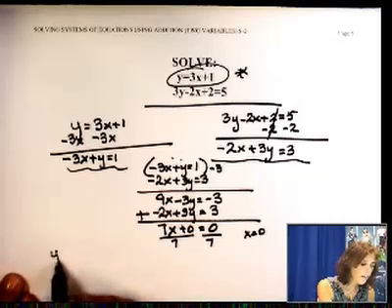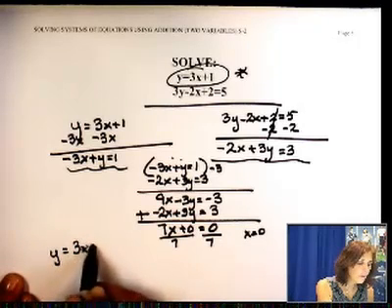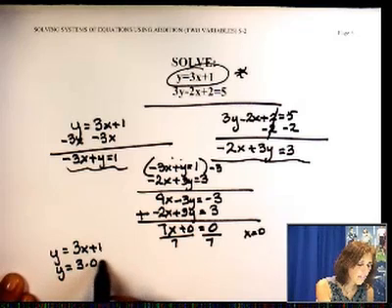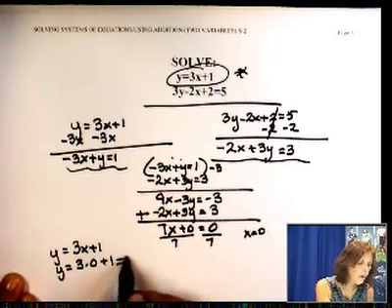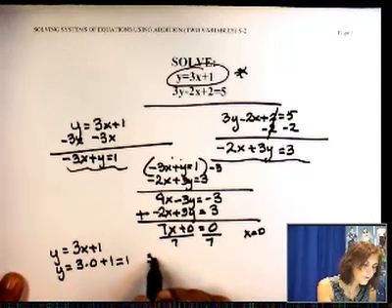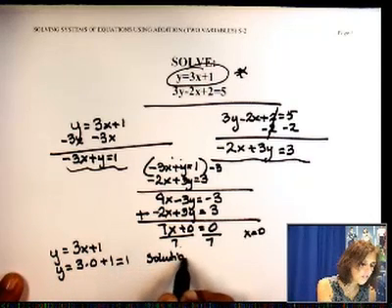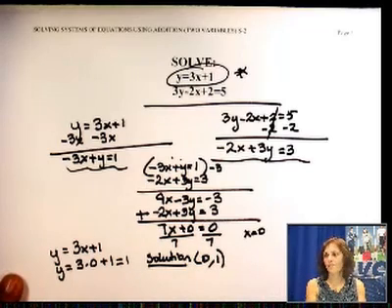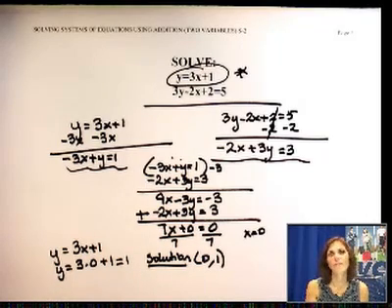I'll take y equals 3x plus 1. y is what when x is 0? y is 1 when x is 0. So what's the solution? The solution is 0, 1. And this is the end of this method.